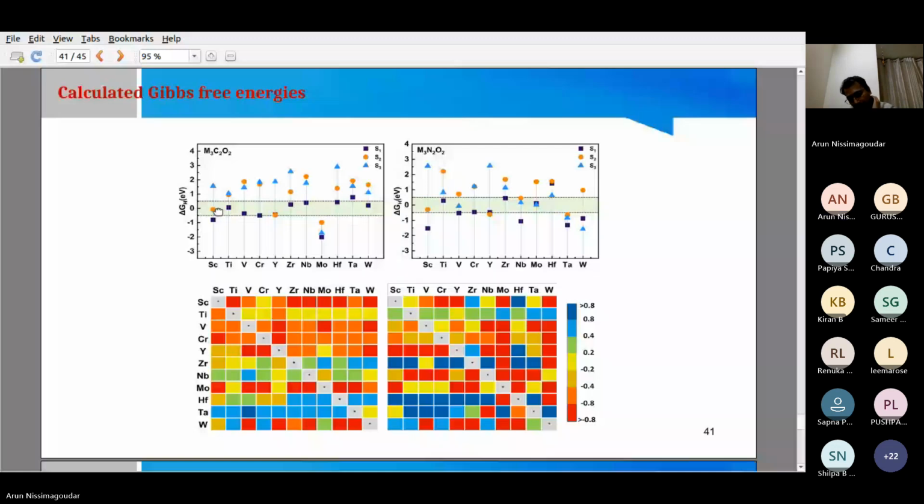HER. And you can also see here this is a heat map. Instead, we show a heat map, where the ones lying in yellow color are good for HER evolution. For example, titanium with a combination of other metals is good for HER, and similarly with these combinations.